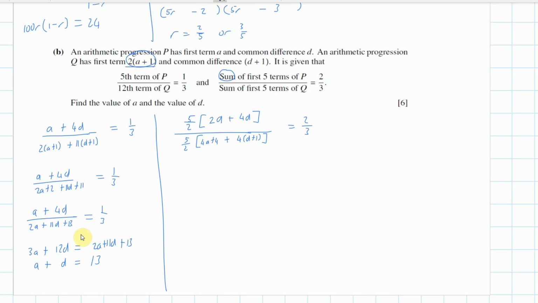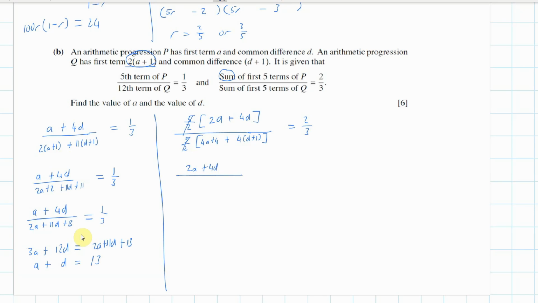Well, hopefully you can see that we can just cancel out the 5 over 2's, like that. So on the top, we're going to have 2a plus 4d.